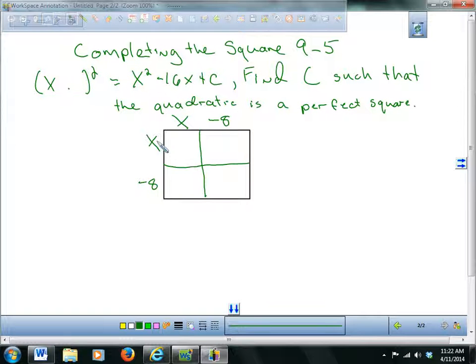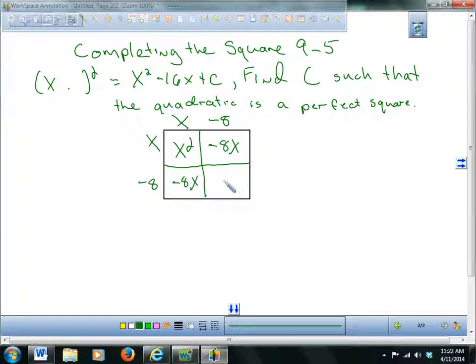Because if I multiply this times this, I get x squared. If I multiply this times this, what goes in this box? Negative 8x. And if I multiply this times this, what do I get in this box? Negative 8x. And altogether, how many x's do I have? Negative 16x.